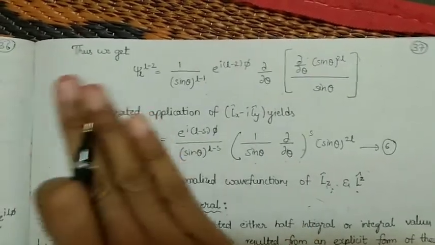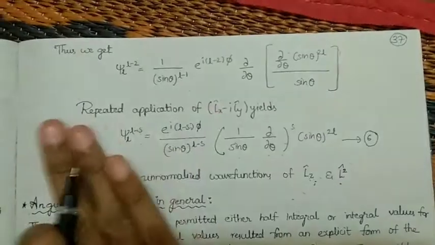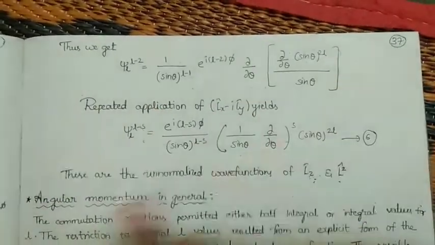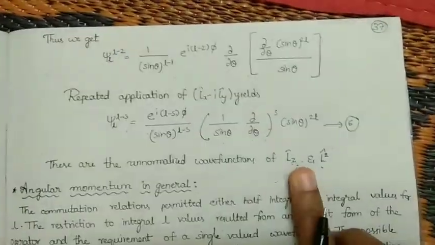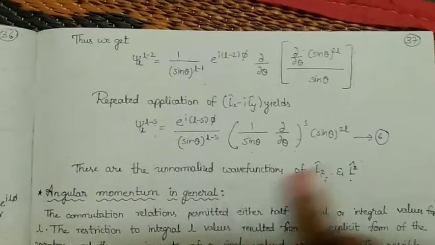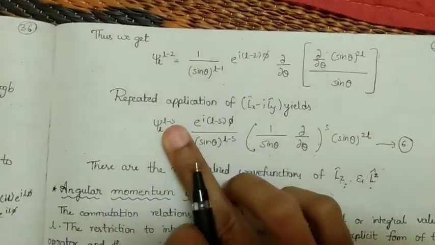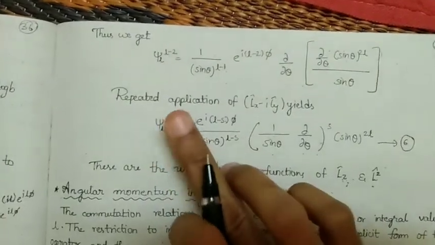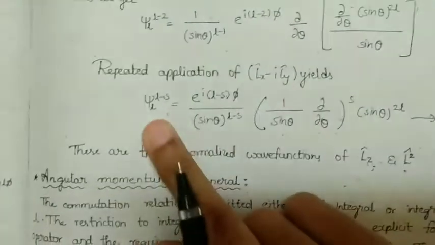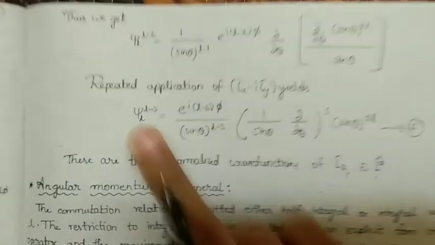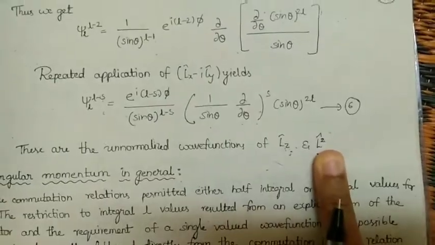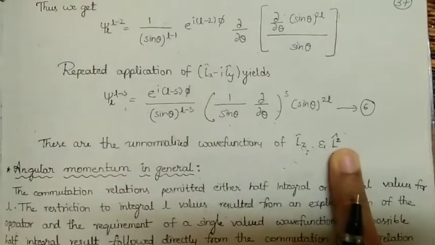In general, this is the form of the wave function. These are the unnormalized wave functions of Lz and L square. These are all wave functions of L square: xi L L, xi L minus 1 L, xi L minus 2 L, up to xi L minus s L. All of them are wave functions of L square, because the eigenvalue of L square is L into L plus 1 h square.